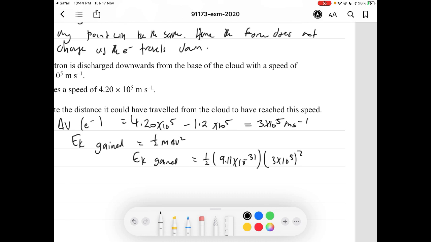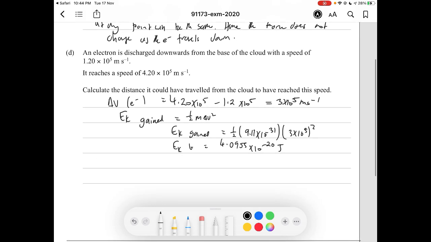It's very easy to make mistakes when you have very big powers, so just be wary of that. 3 times 10 to the power of 5 squared. Right, so we should get EK gained, we'll just say EKG equals 4.0955 times 10 to the power of negative 20 joules.